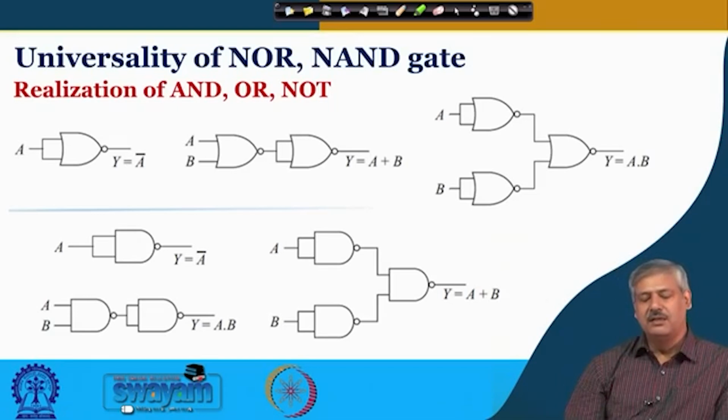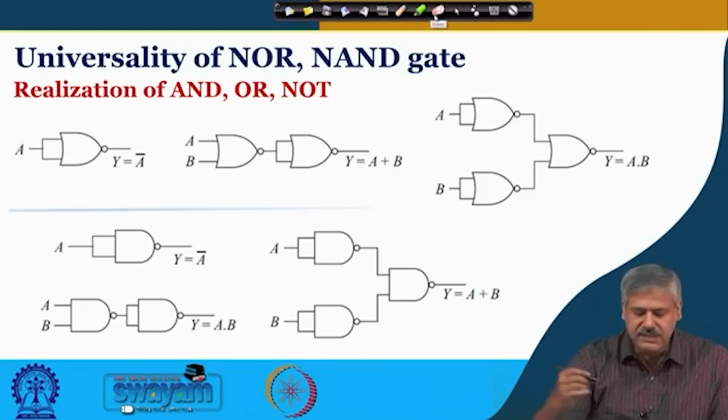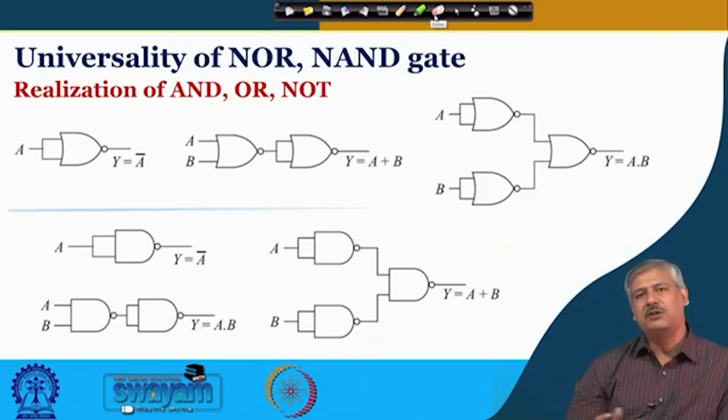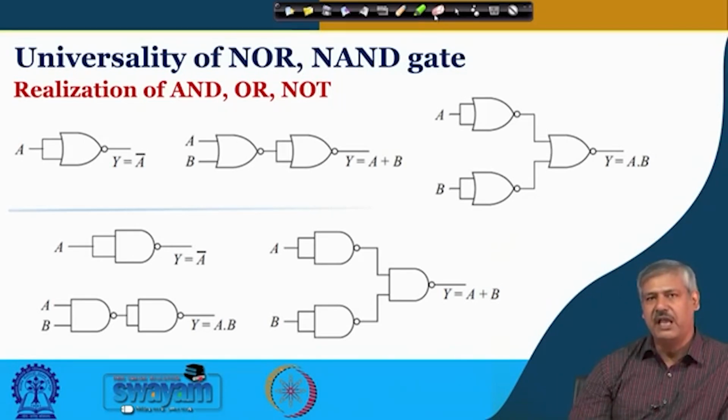Now, universality of NOR or NAND gate, this is something interesting. It is useful in the sense that if you think of only one variety of gate by which you would like to realize many different logic operations or Boolean expressions, then you have to pick either NOR or NAND, because they can be converted to any other logic operation by different combinations of themselves.